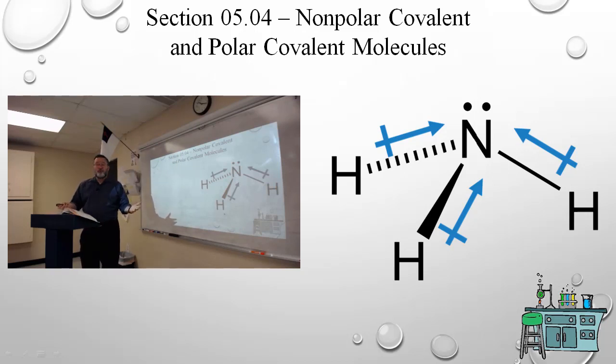Because the periodic property for electronegativity is increasing up and to the right, nitrogen has a stronger, larger electronegativity. It means it's fighting to get electrons much more than hydrogen is. And because it's exerting more force than hydrogen is, the electrons that they're sharing tend to be around the nitrogen. They don't tend to be around the hydrogen.